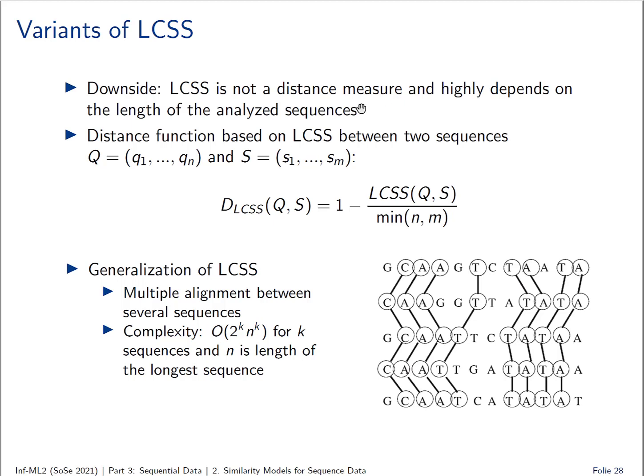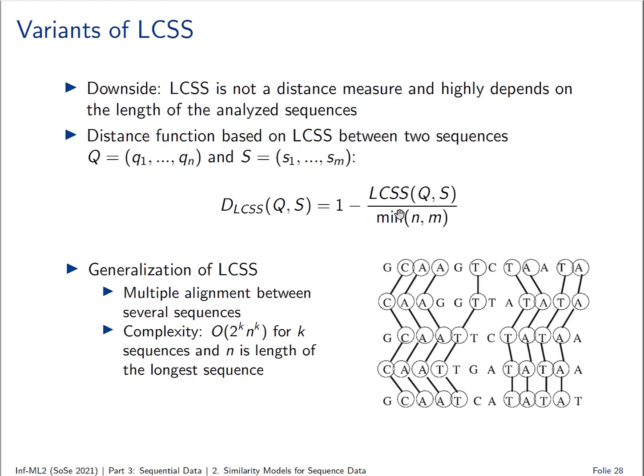Well, we can normalize the whole thing and make a distance function out of it, and that is shown here. So we take the LCSS of two sequences and normalize it between 0 and 1 by dividing it by the minimum of the two lengths of Q and S. And then still we have a similarity measure.